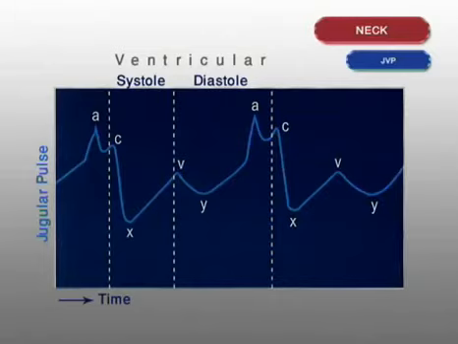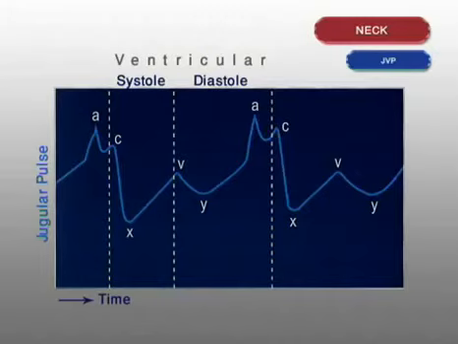If the patient develops atrial fibrillation, we have to know that the A wave, which is the result of atrial contraction, will disappear. In cases of pulmonary hypertension, the pulmonary artery pressure will increase the pressure in the right ventricle, then in right atrium, then in the jugular veins, and it will give us prominent A wave.